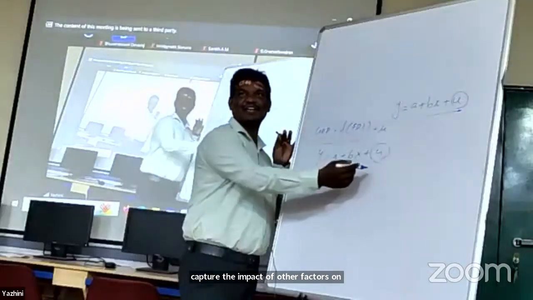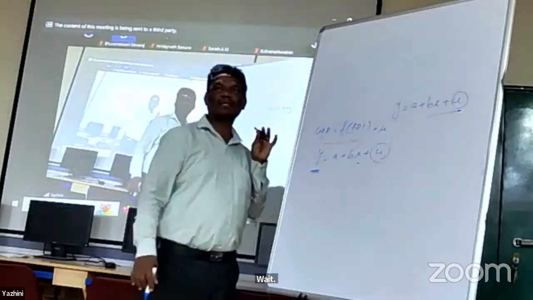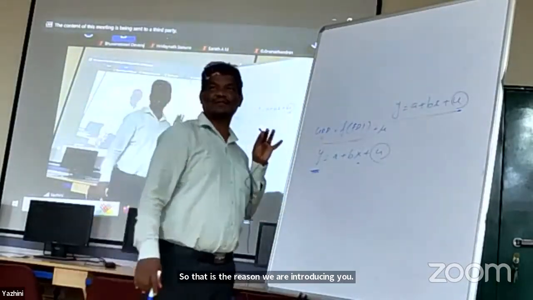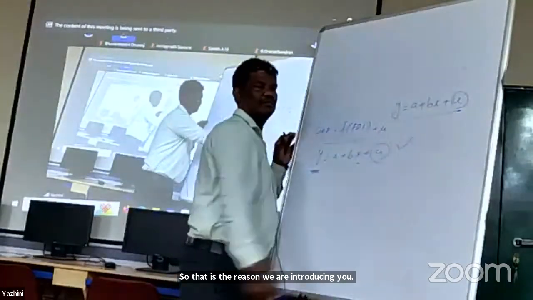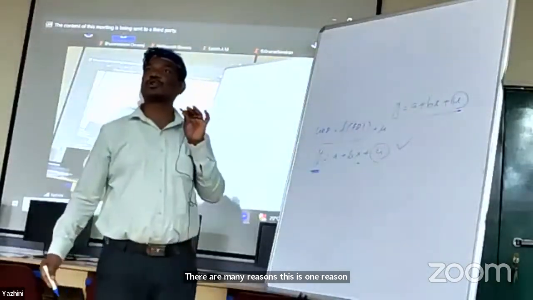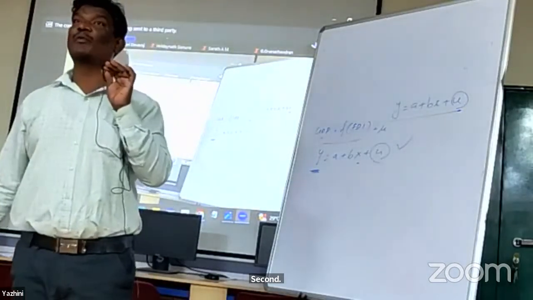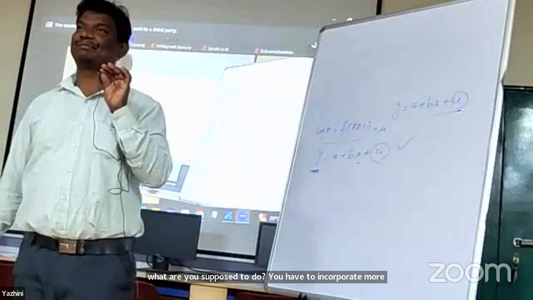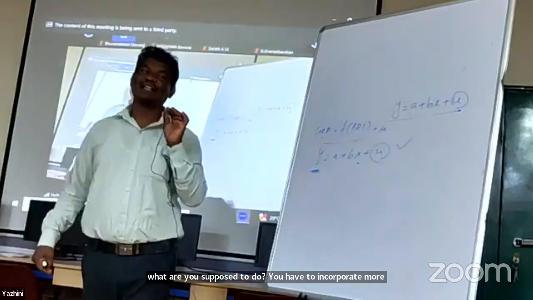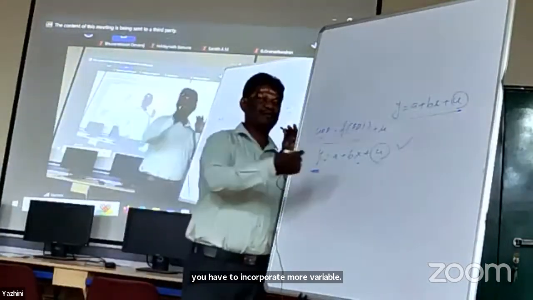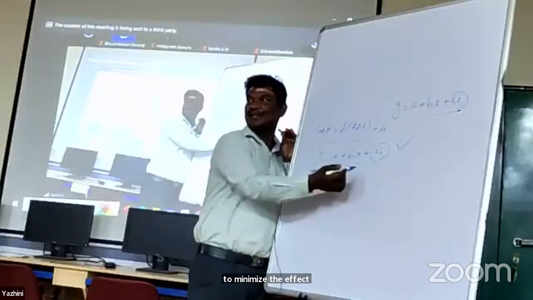That is the reason we are introducing it. There are many reasons; this is one reason. So what are you supposed to do? You have to incorporate more variables to minimize the effect arising from the error component. You have to minimize it.